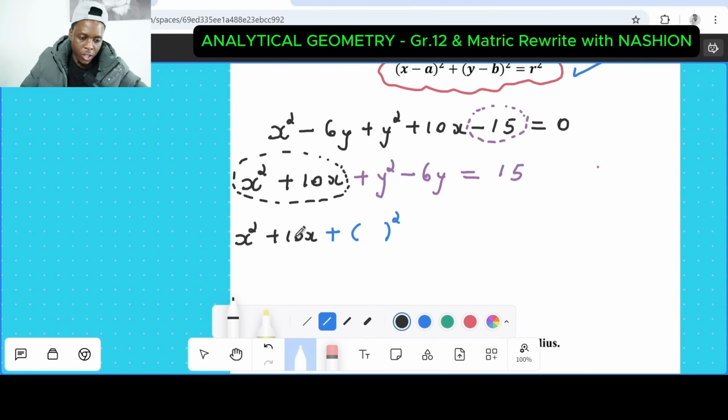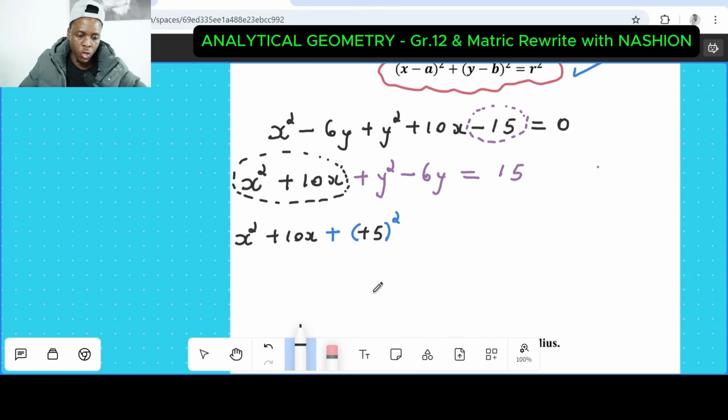Let's look next door on the left. We have 10x, so we take the coefficient of x, which is 10, and divide it by 2. 10 over 2 will be positive 5. For now, just write it with positive. You will see how that's going to be useful later.